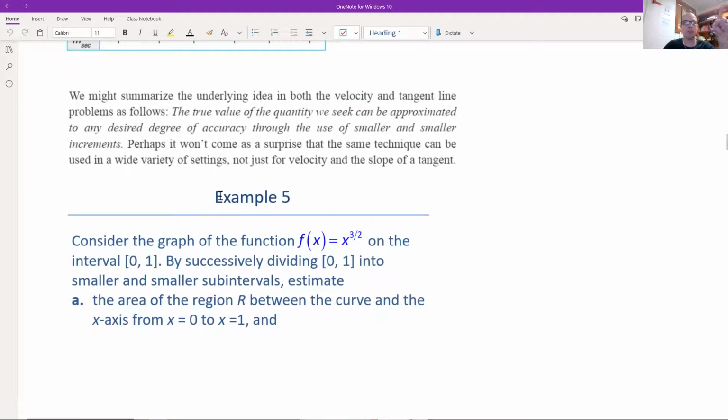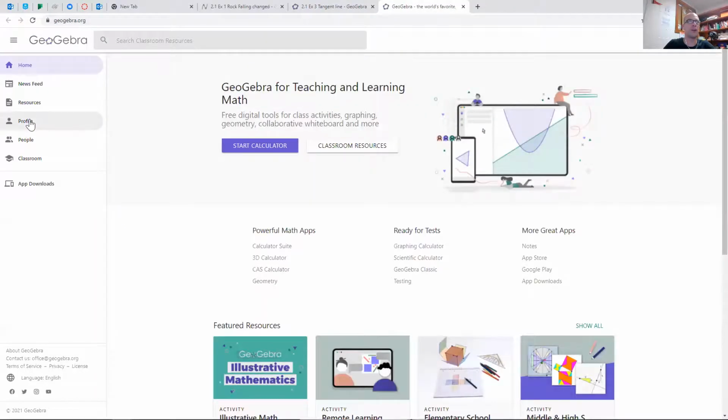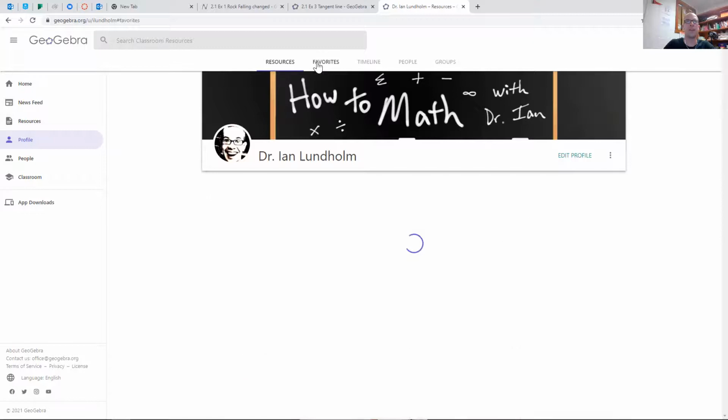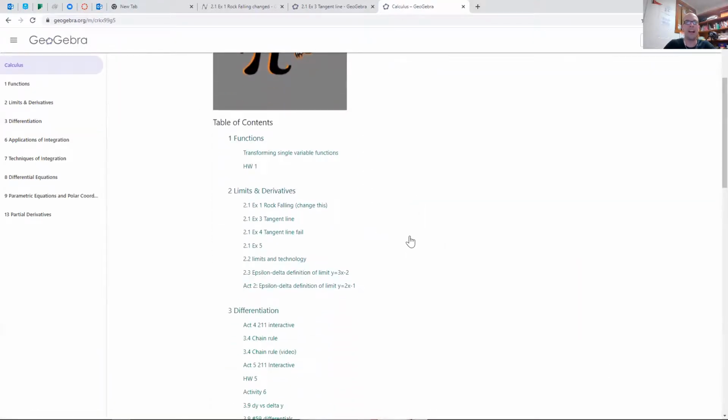Now, let me go ahead and do example 5. I did not put a GeoGebra link here, so bear with me for a second. I'm going to go back to GeoGebra, go to my profile. Actually, yeah, let's go to my favorites. Yeah, calculus book is one of my favorites. Great.